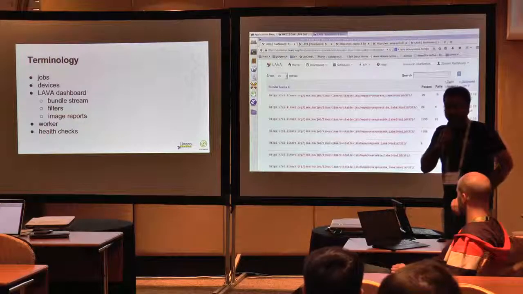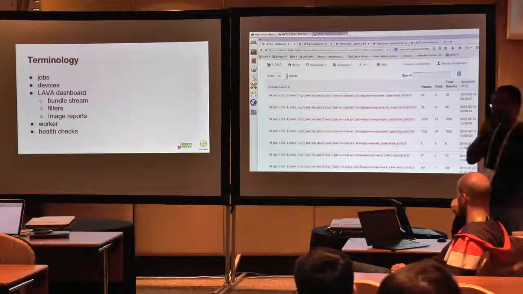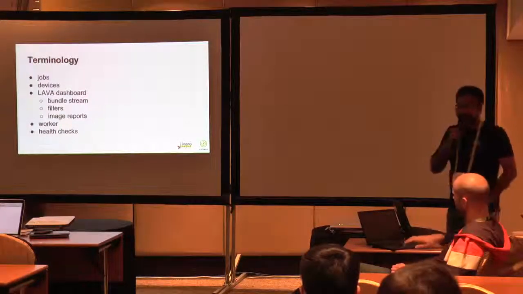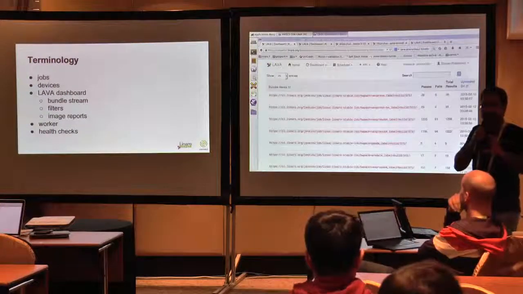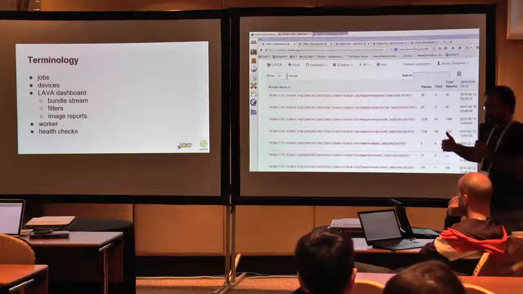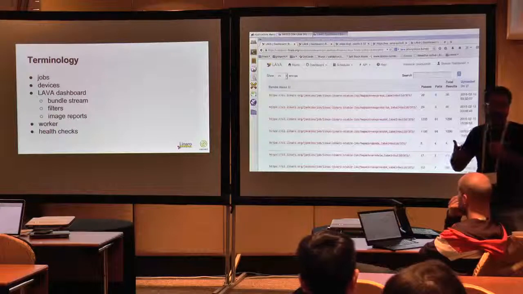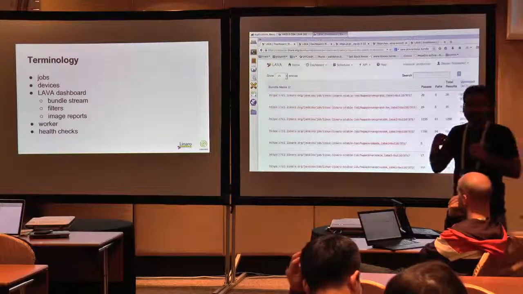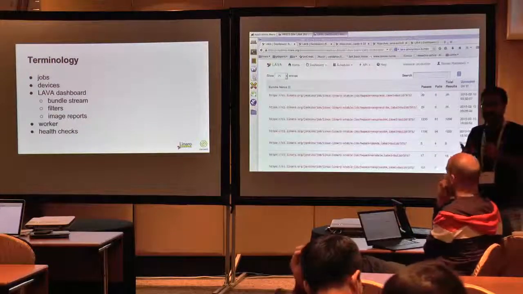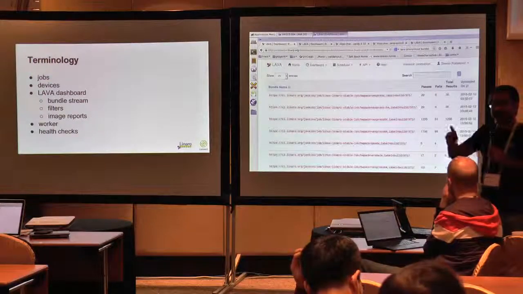And the last thing is health checks. In order to keep track of which boards are available, and whether a board is okay to run tests or not, we have something called health checks. Health checks run on a daily basis on each and every board with a good, working image. We know that this image works on this board.